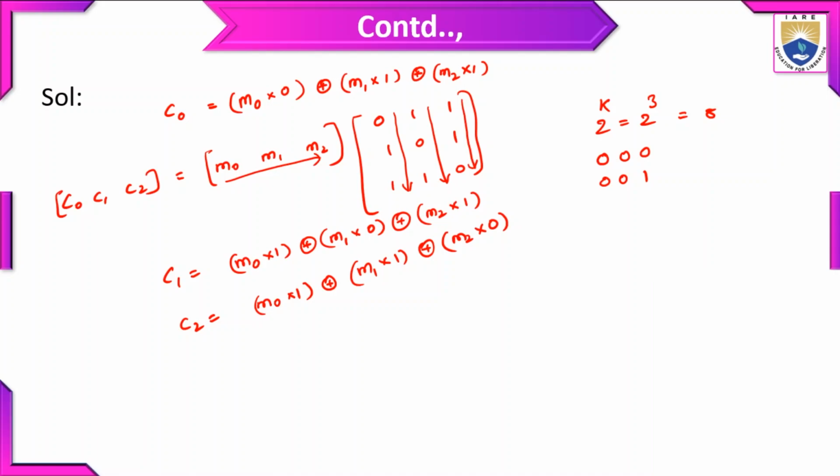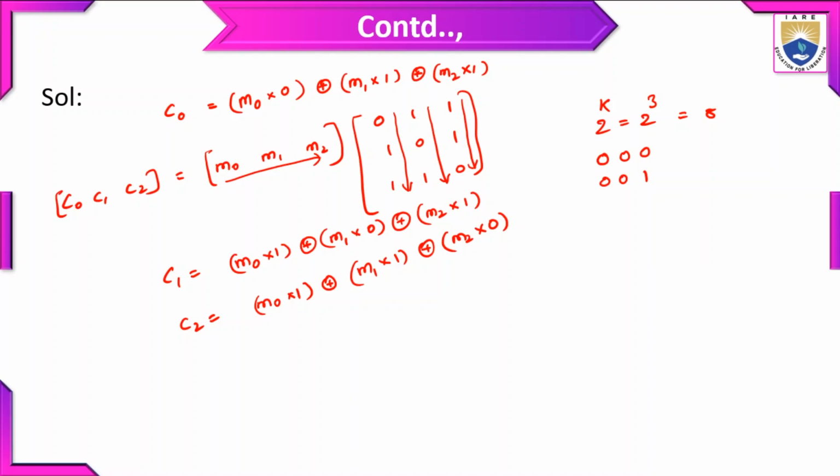So now we are going to multiply. My M0 is 0, so 0 into 0, 0. XOR M1 also 0, so 0 into 1, 0. XOR M2 is also 0, so 0 into 1, 0.